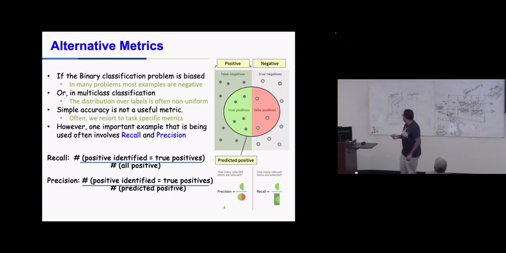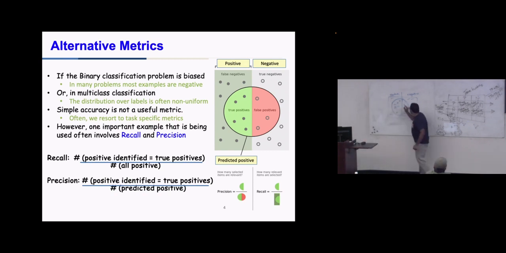Now, based on this figure, tell me what portion is true positive? Positives on the left. So this part is actually true positive, because this is where the model said it's positive, and they are all supposed to be positive. What is this part? False positive, right?